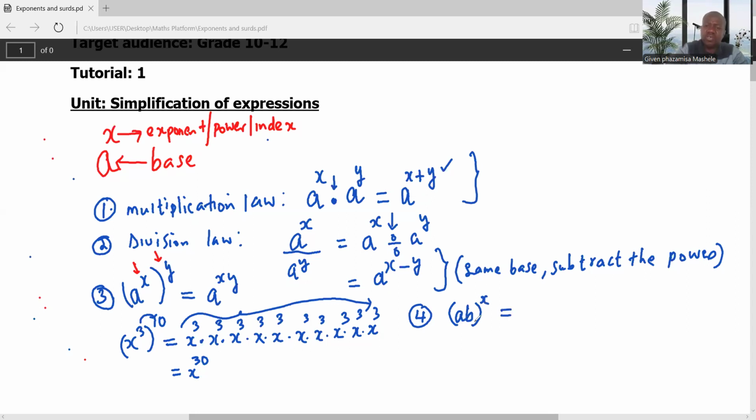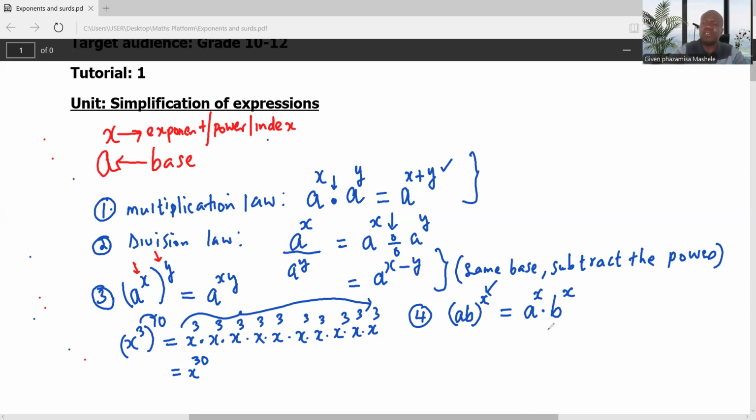Here you see we have different bases. We have base A and we have base B, but all are raised to the same power or the same exponent. So this law says if you have multiple bases which have the same exponent, you can expand them as A to the power of x multiplied by B to the power of x.